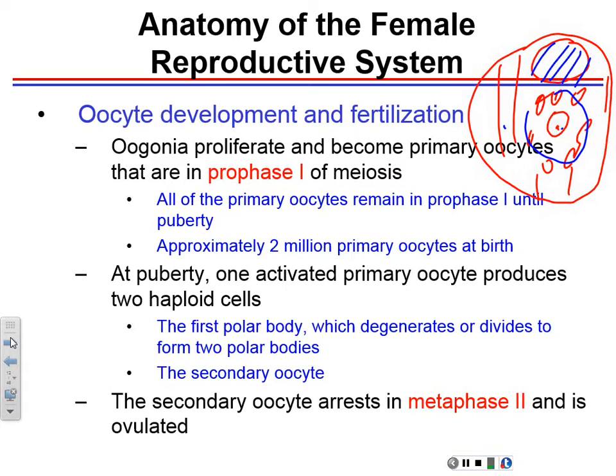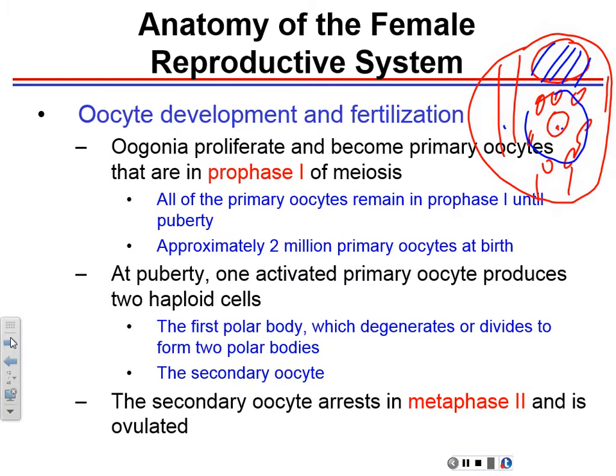So in utero, like I was saying, around 4 months of gestation, when the female fetus is about 4 months, there's about 5 million oogonia in the ovaries. 5 million, okay? And at birth, it goes down to around 2 million. They start to degenerate, and they start to divide, the first meiotic division, and it is arrested in prophase 1.